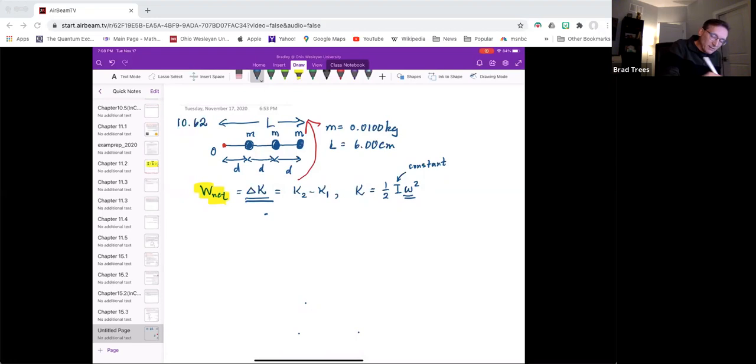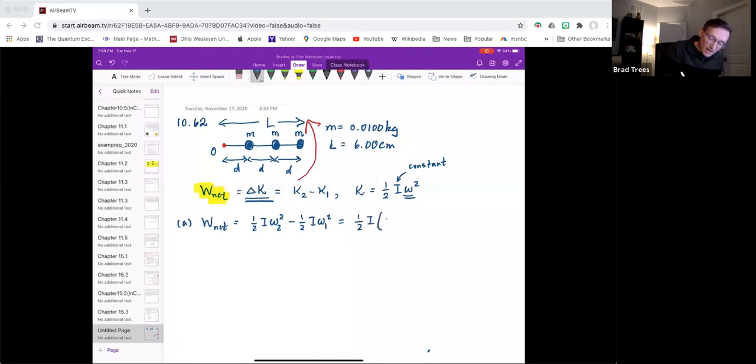So when I write the delta K, K2 minus K1, I mean 1/2 I omega 2 squared minus 1/2 I omega 1 squared. Because it's the rate at which it's rotating that's changing. And I'm inclined to factor on the right-hand side the 1/2 I and write it as omega 2 squared minus omega 1 squared.